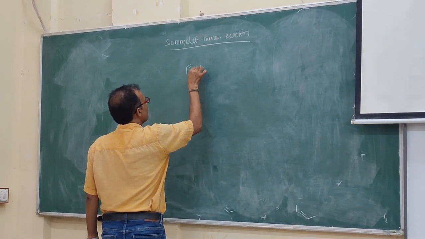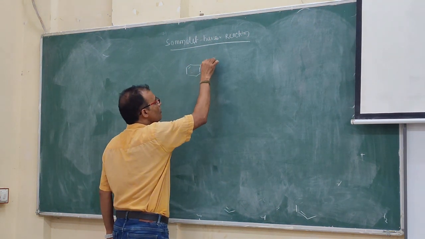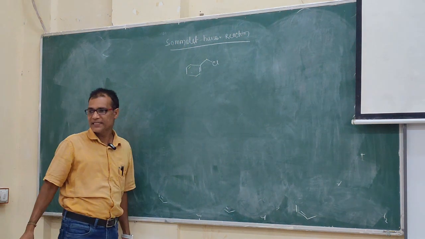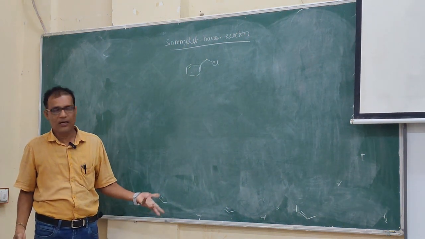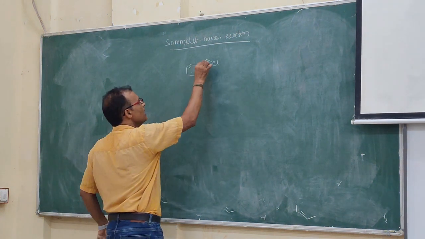So this is the benzyl position, CH2, and you put a halide. Benzyl halide: benzyl chloride, and if you put bromine, this is benzyl bromide. So this is the benzylic position.